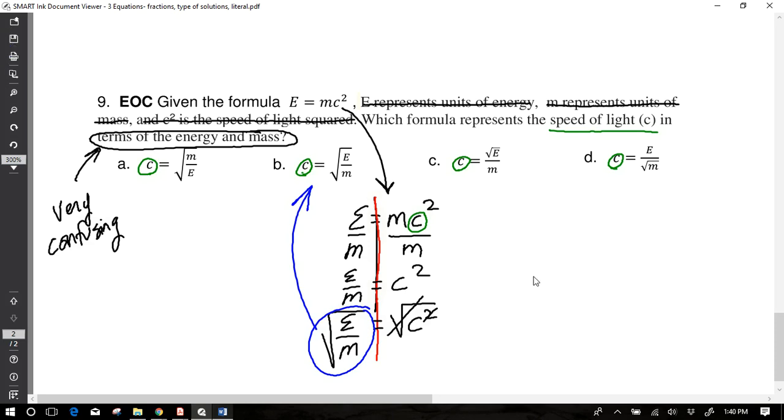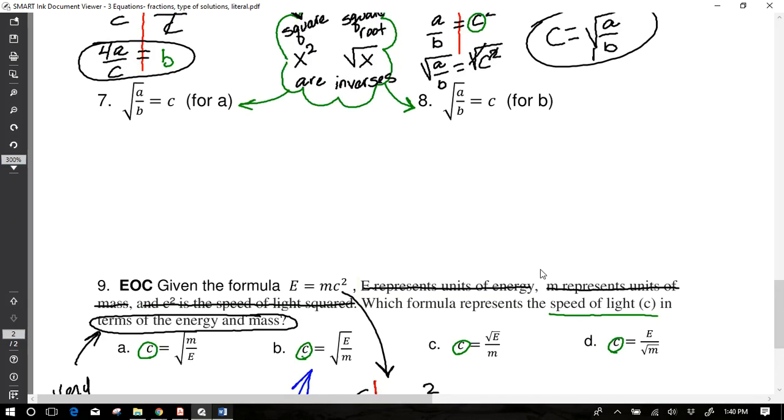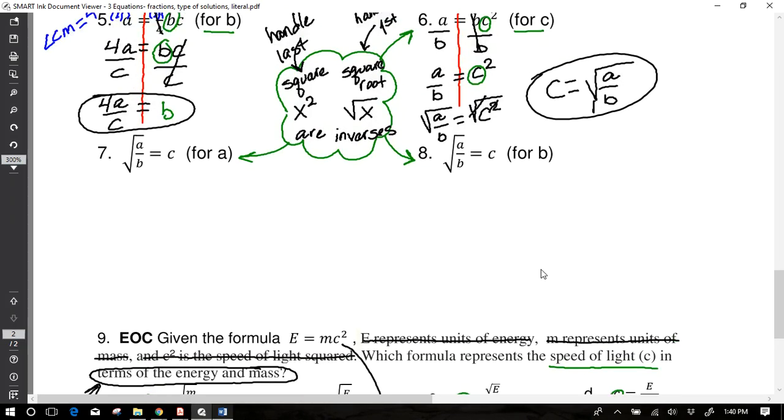Let's scroll back up a little bit, and we're going to go to 7 and 8. So in 7 and 8, they start me out with a square root. So let me go ahead and circle the variable I'm solving for and draw my rose line.